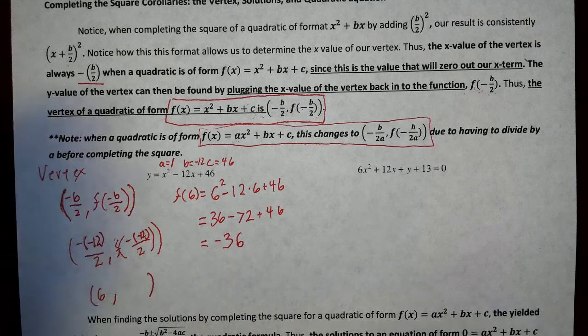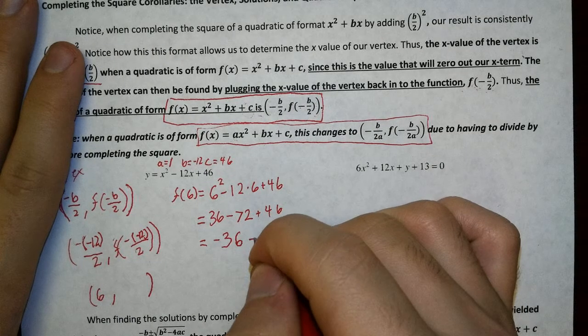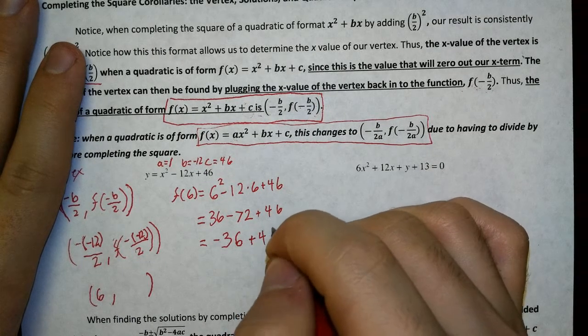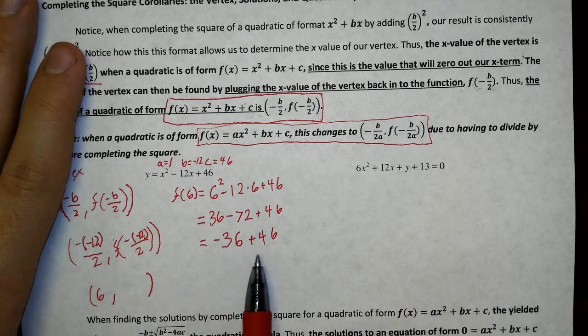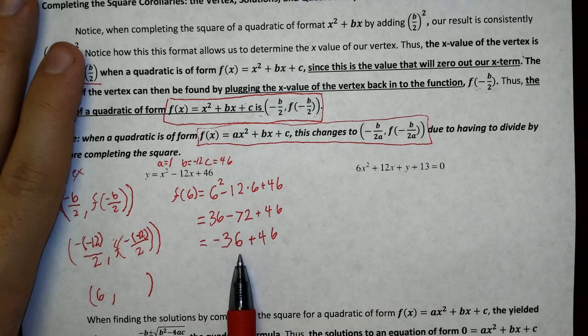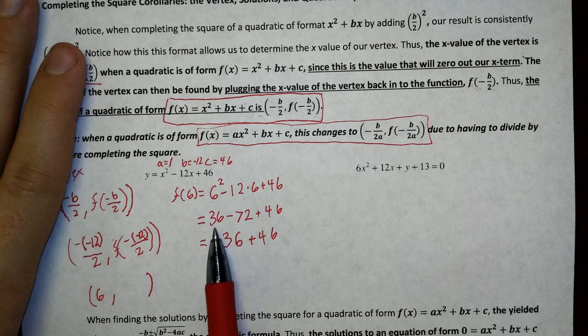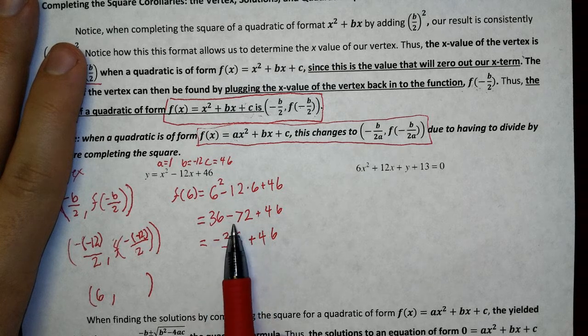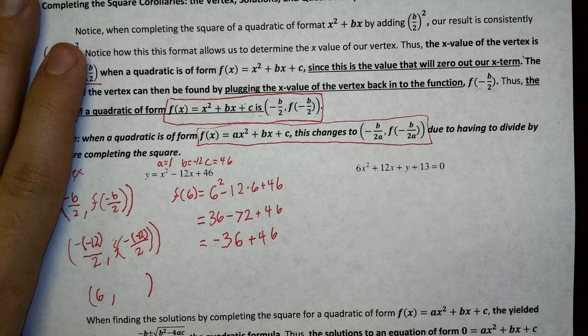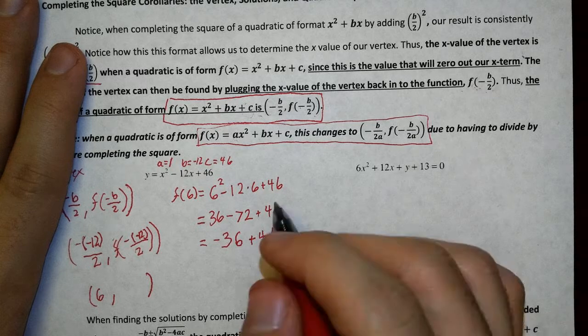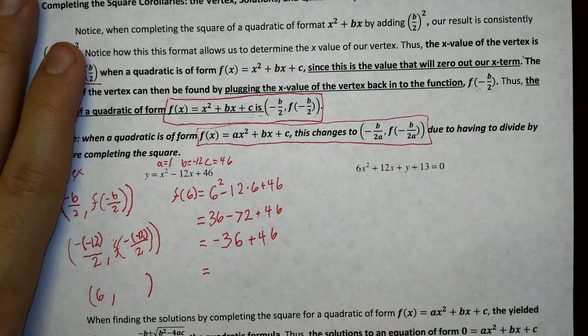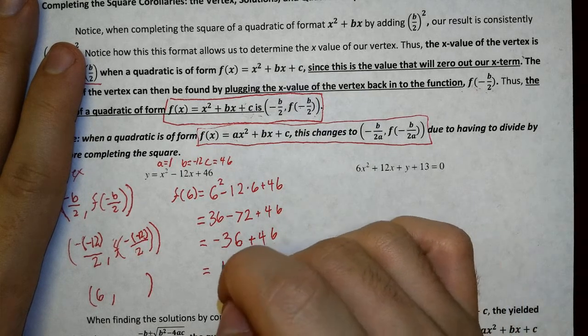Oh wow, that was actually way easier than I made it seem. Plus 46. And negative 36 plus 46. Side note, this is where you can just use your calculator. I'm just trying to buff up my calculation skills, so I'm doing this in my head. Negative 36 plus 46 is just going to give us 10.